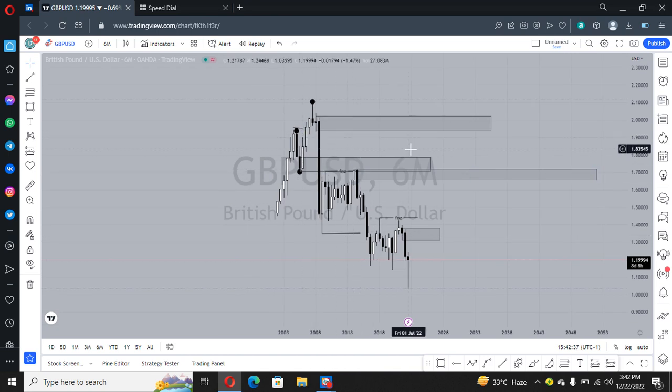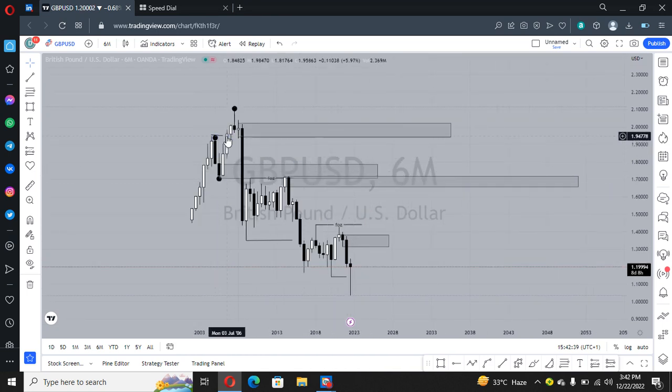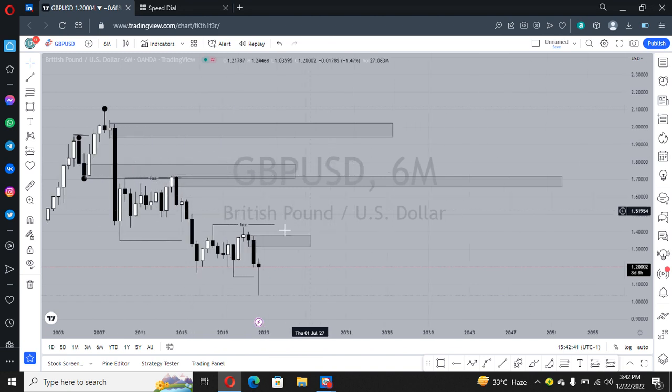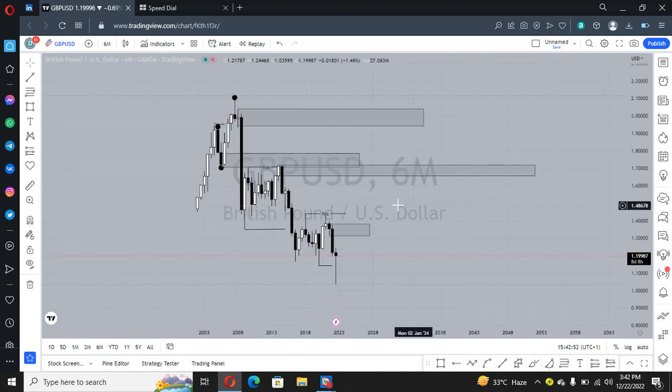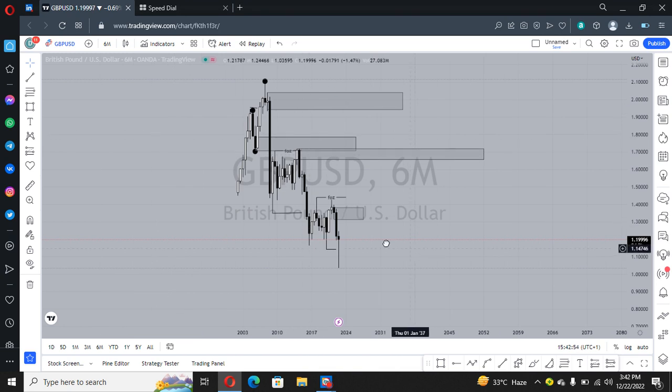QML. So a failed breaker is what? A QML. So supply right here and liquidity void right here, or sell side imbalance, and then in that area of supply right here, which is an indecision candle, they're responsible for what? Price trading lower.